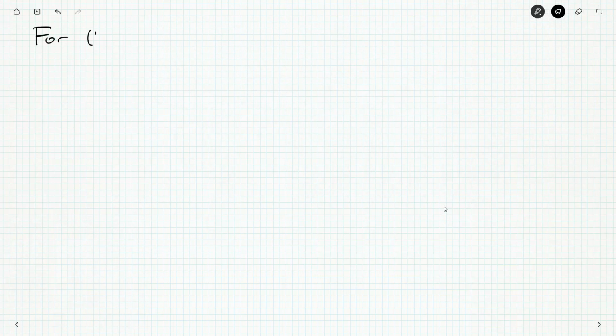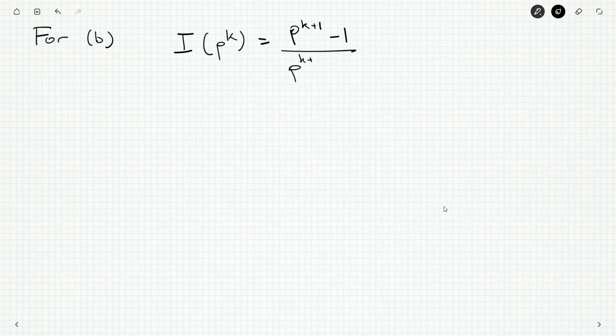For B, we know I of p to the k is p to the k plus 1 minus 1 over p to the k plus 1 minus p to the k. And I need to show that this is less than 2. Well, if that's true, then what have we got? Multiply through.